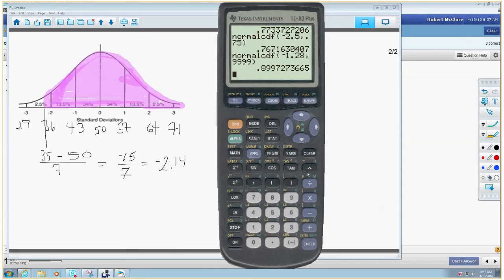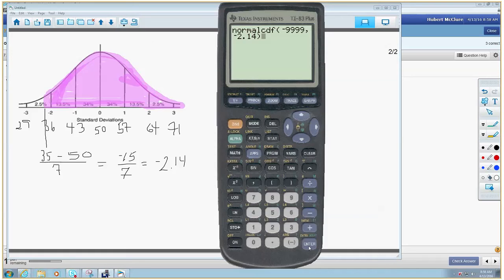And I'll do the left side for those that need to do it. Second function, enter. And we'll go from negative 999, comma, negative 2.14, close parentheses.